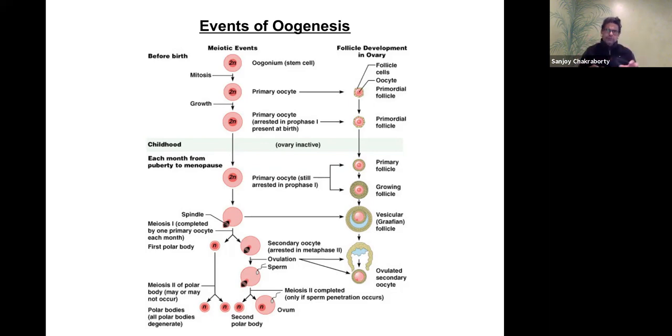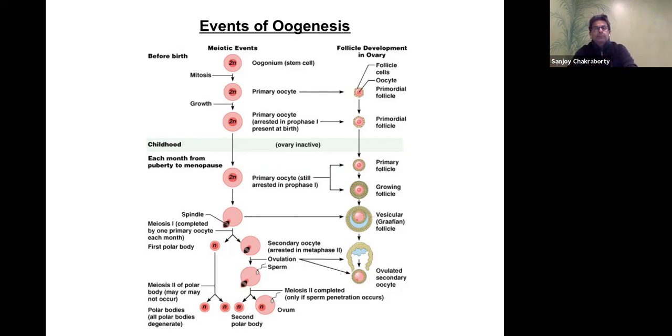So all these oogonia, all 1 million, undergo prophase 1 and then they stop. That's it. They go to prophase 1, stop, nothing happens. Child is born, ovary is inactive.